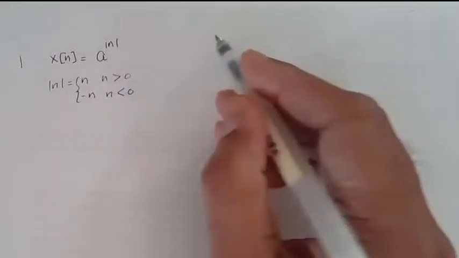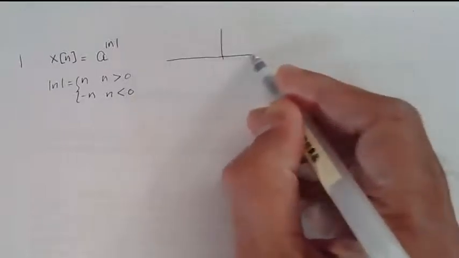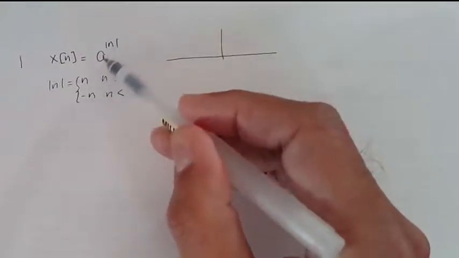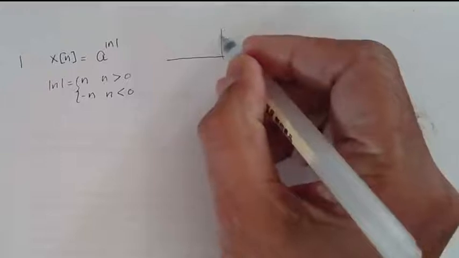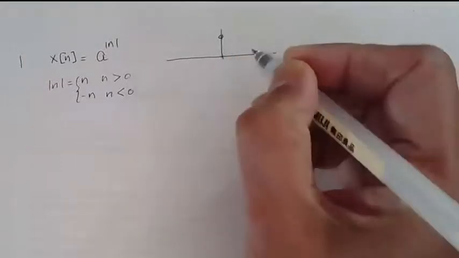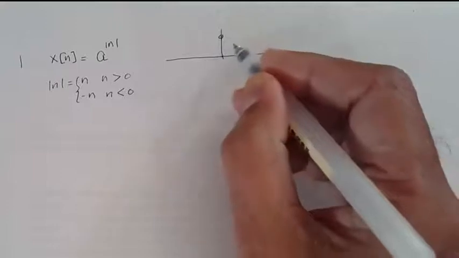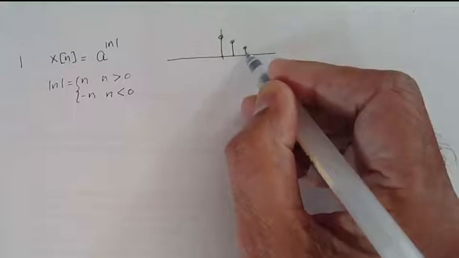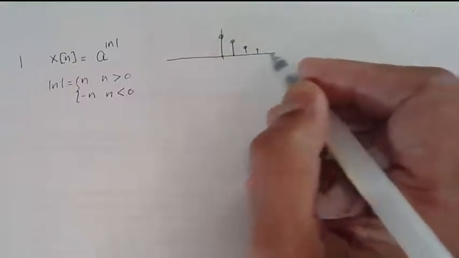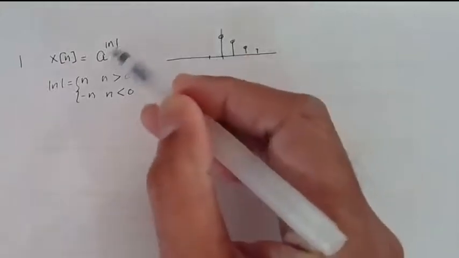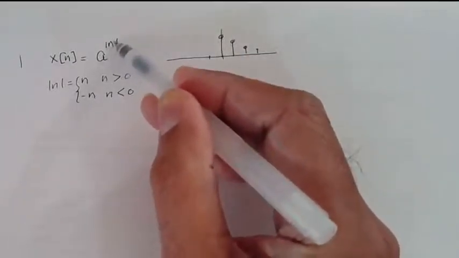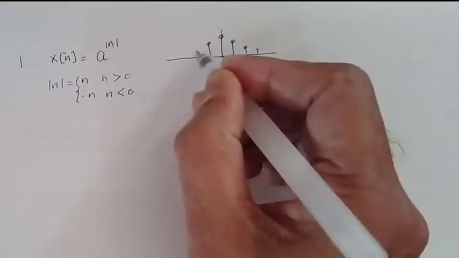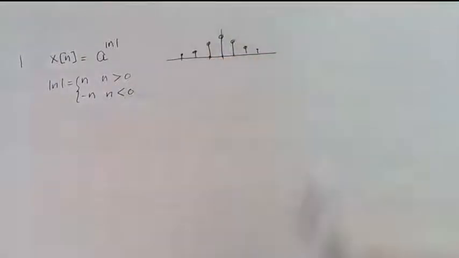So if I have a to the n, and let's say a is a number with a magnitude less than 1, say 0.9, then a to the 0 will be 1, a to the 1 will be 0.9, a squared will be 0.81, and so on. It's going to be exponentially decreasing this way. And here, if we pick n equals minus 1, then the absolute value of minus 1 is 1, and then we'll get 0.9 to the 1, which is again the same. So it's a symmetric function, right?